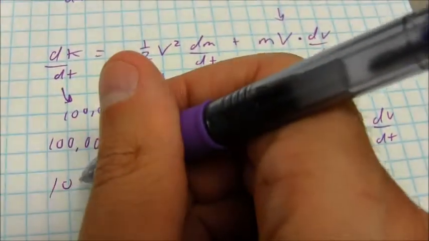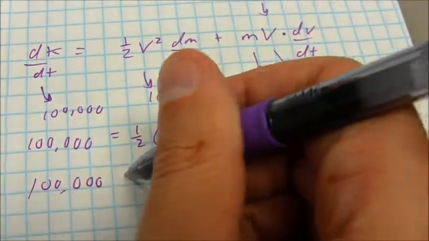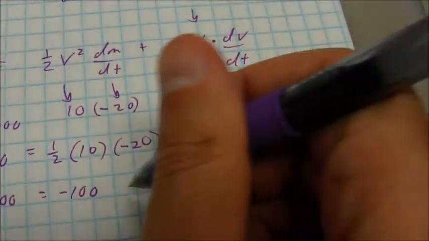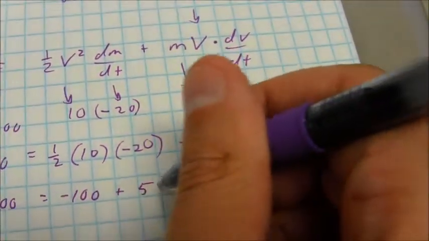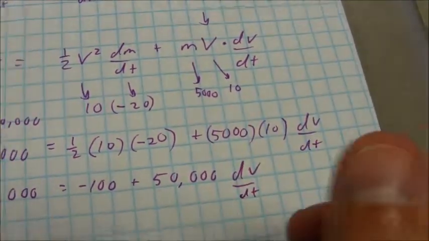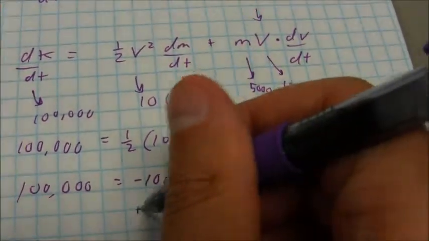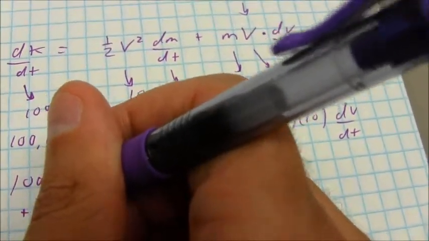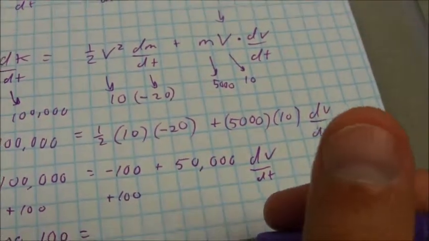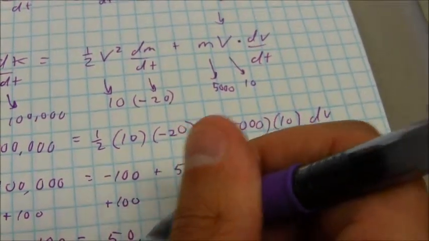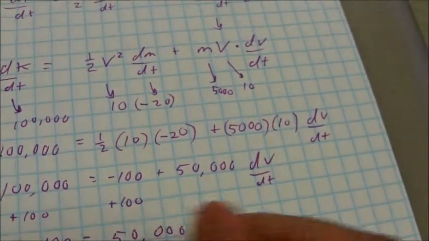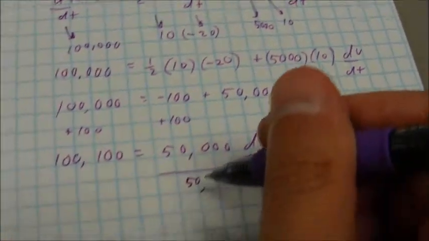I can do a little simplifying here. I get 100,000 equal to negative 1,000 plus 50,000 dv/dt. Add the 1,000 to both sides. So 101,000 is equal to 50,000 dv/dt. Divide both sides by 50,000.